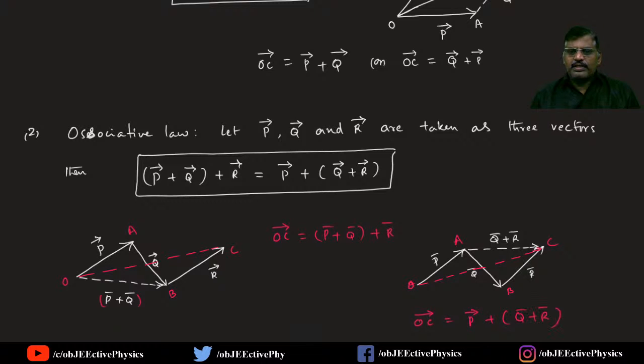See, in both cases, OC bar gives P bar plus Q bar as one vector plus R bar as second vector in the first diagram. In the second diagram, OC bar gives P bar as one vector plus Q bar plus R bar as second vector. So, like this, we can explain the associative law also.